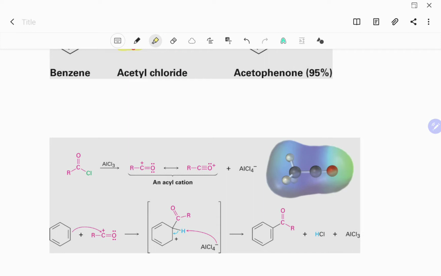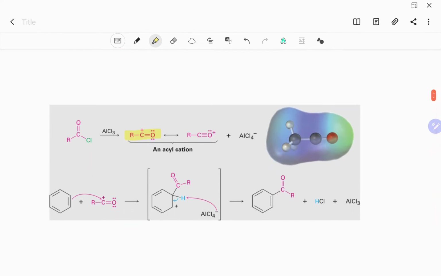The electrophile will be an acyl cation, and the carbon atom will have a positive charge which will act as the electron deficient site for this substitution reaction.